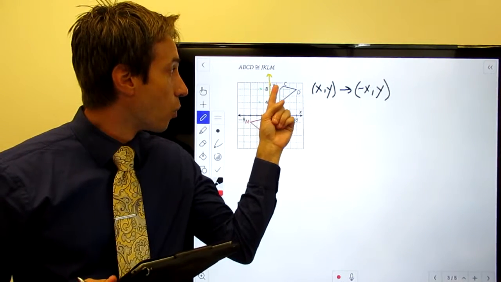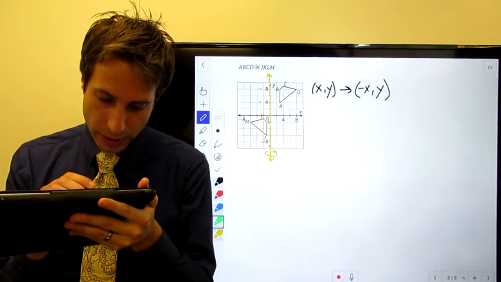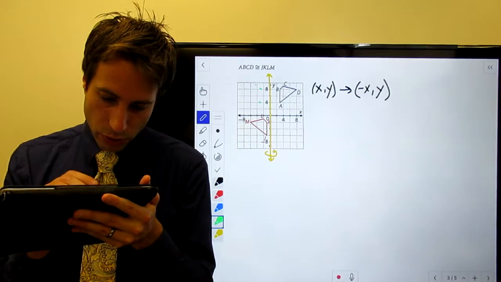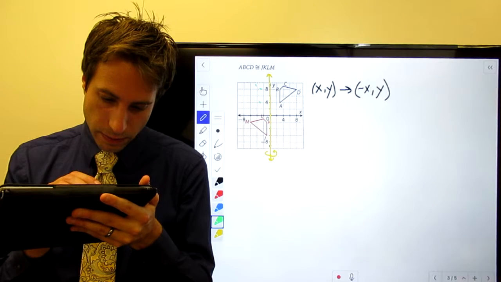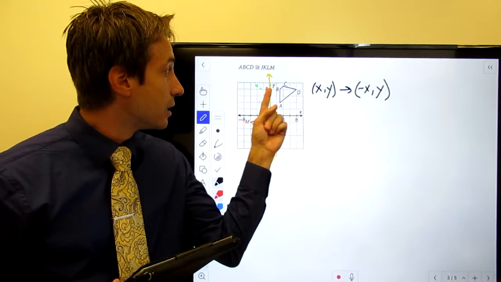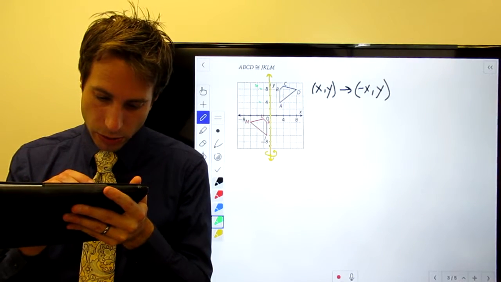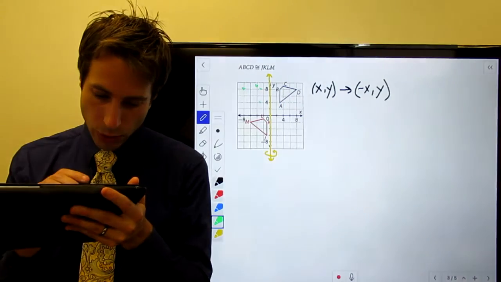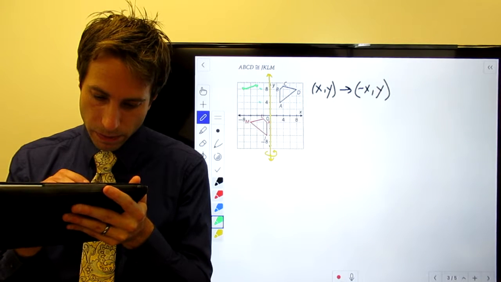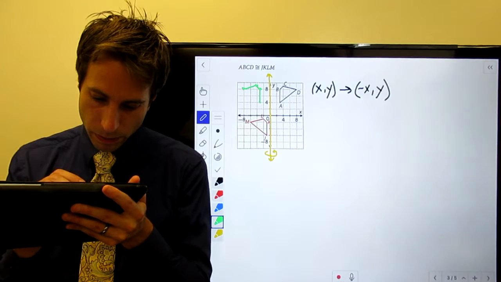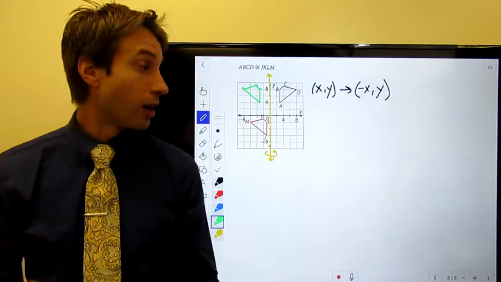C is over 2 full units, so C goes 2 full units, about there. And D is 1, 2, 3, 4 units away. Boom, boom, boom, boom. Awesome.